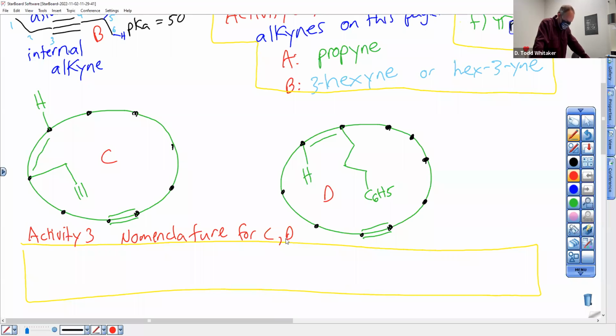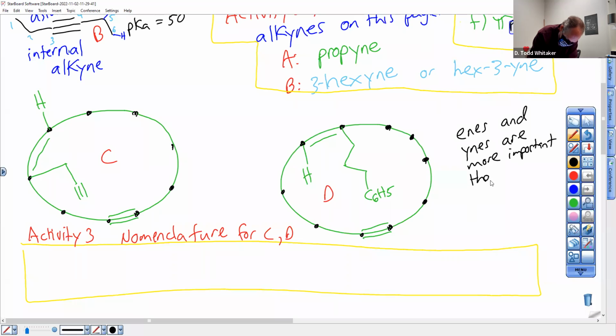So we've got a situation where we got enes and ines, right? They have very similar priorities. They're like 1 and 1A. They're more important than any groups. Enes and ines are more important than groups.